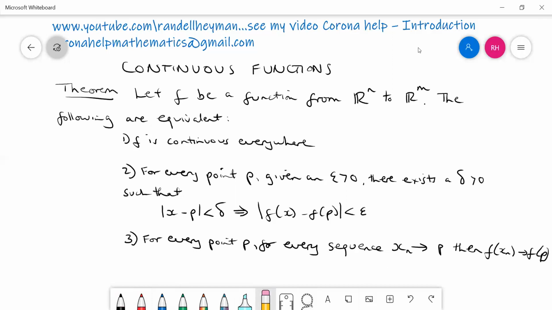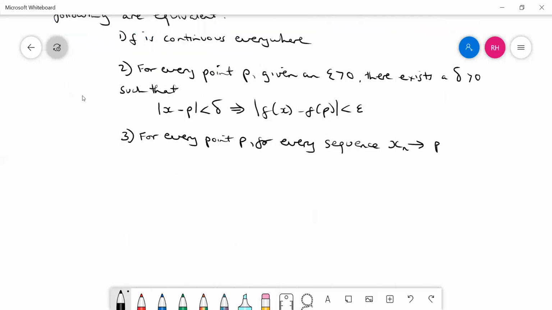Actually, why don't I rub that out and write it on the next line, just so we set this out nicely, clearly. And f of x_n approaches f of p.